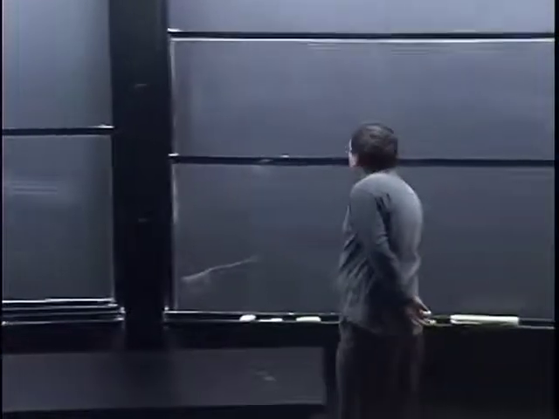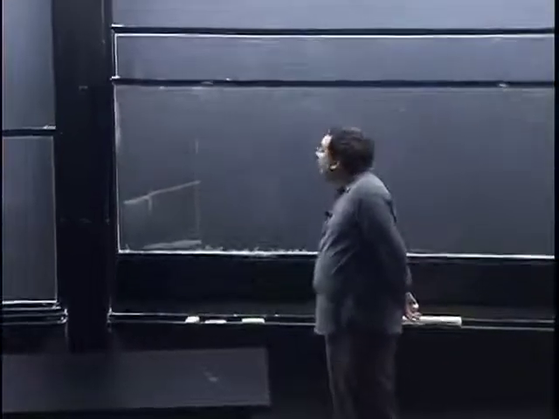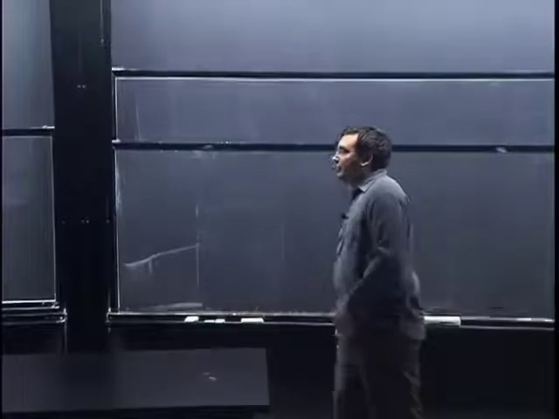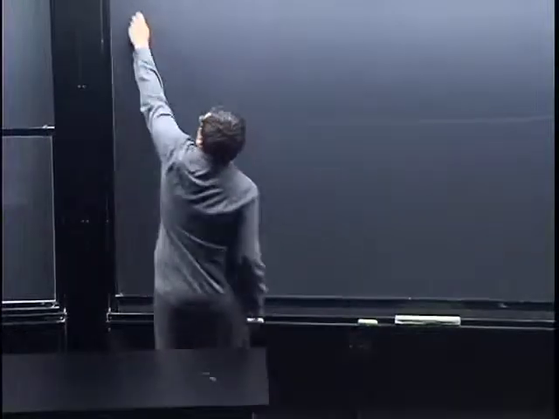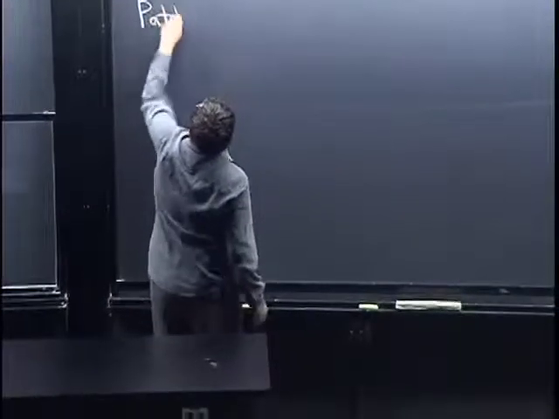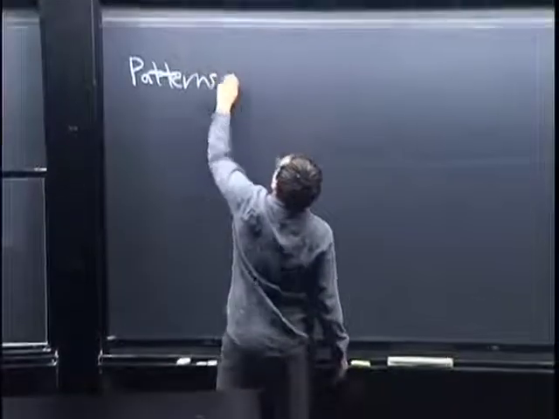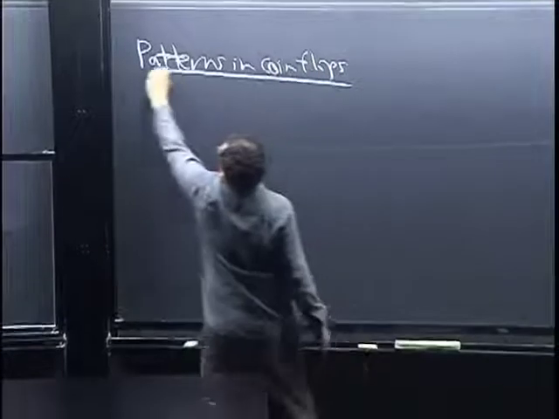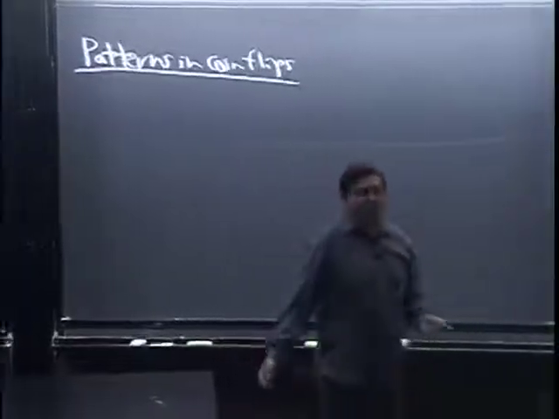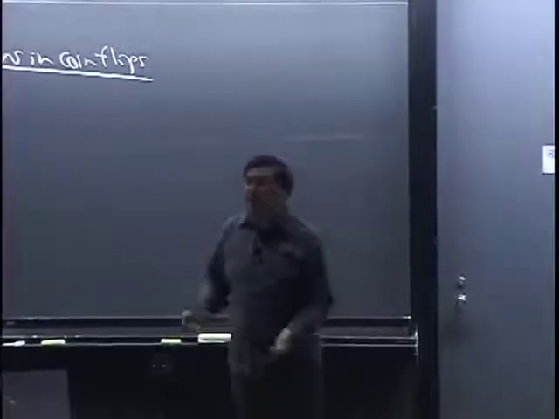All right, so let's do another example of conditional expectation with a coin flipping problem. So, okay, I'll call this one patterns in coin flips. Assume we have a fair coin, and you have a related homework problem where the coin may be biased.